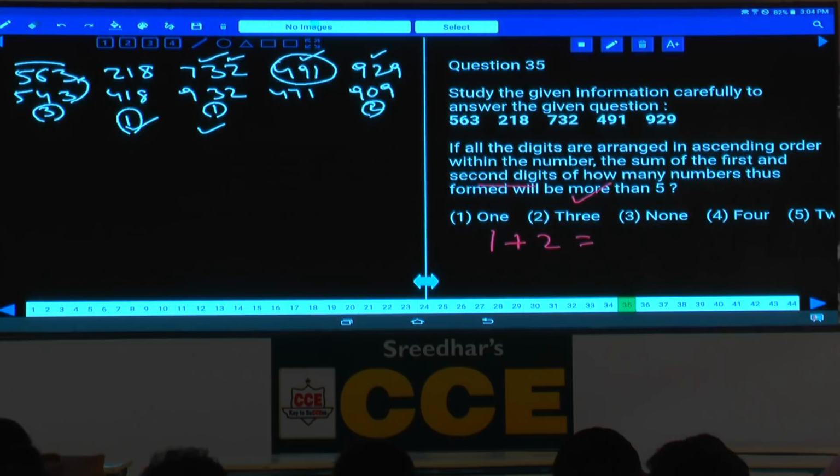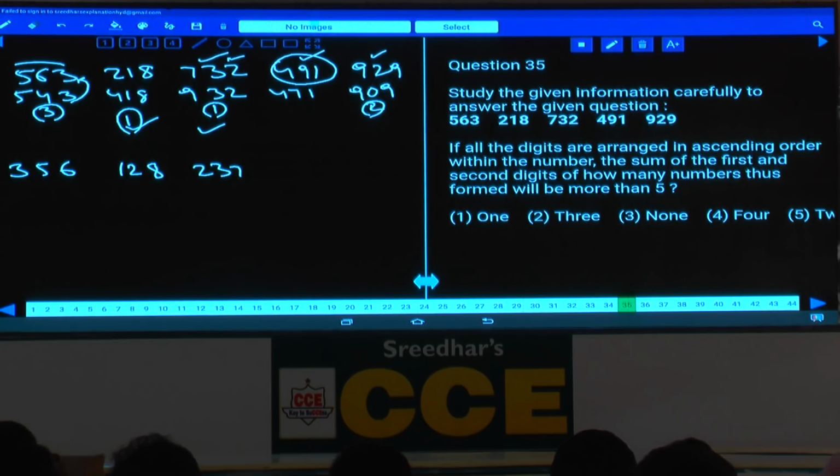Then coming to 35. If all the digits are arranged in ascending order within the number, this 563 will be 356, this will be 128, this will be 237, 149, and this will be 299. Then among all these, within the number, the sum of the first and the second digit of how many numbers thus found will be more than 5?